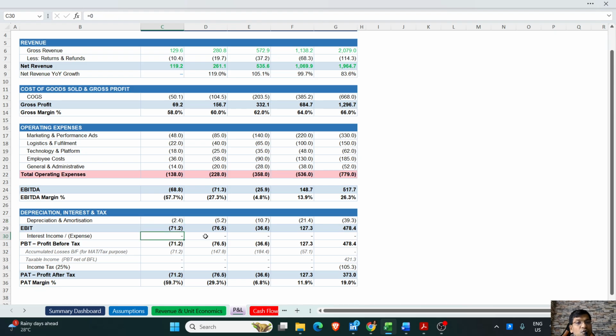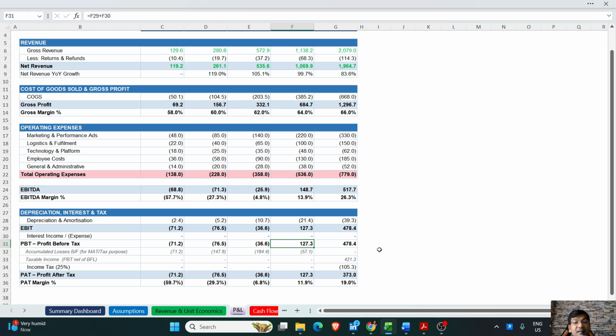Now this company is assumed to be debt free in this model, so there is no interest income or expense here. So we have profit before tax, and the moment all of it is negative, we also build a logic that my accumulated losses are 17.1.2, move up to 147.8, move to 184.4, and then because I have a profit here, it falls down to 57.1 negative.